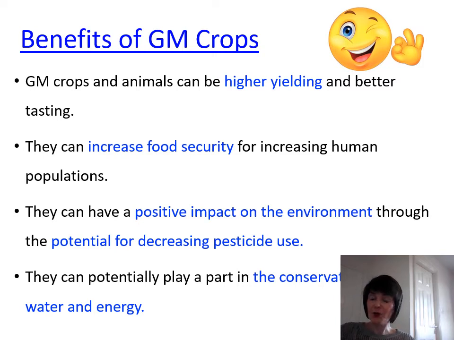They can have a positive impact on the environment because some of them might be resistant to certain diseases, for instance, so therefore you can decrease your pesticide use, and they can potentially play a part in the conservation of water and energy.